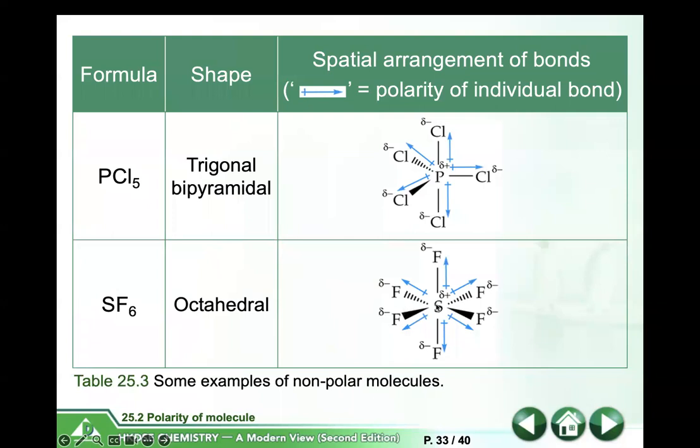And remember, apart from whether it is symmetrical or not, we have to consider whether the polar bonds are the same or not. They are SF, SF, SF, so all of them are SF. So we can consider the second criterion, whether the bonds are arranged symmetrically or not.